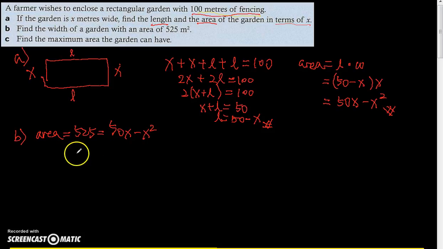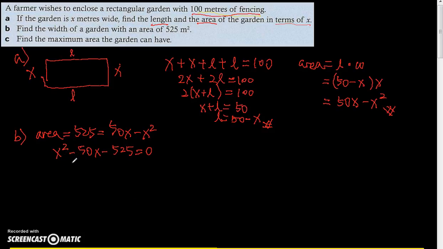And I'm going to solve for x. So let's bring everything to the left hand side. I will have x squared minus 50x minus 525 is equal to 0. Then you can put this in the calculator.